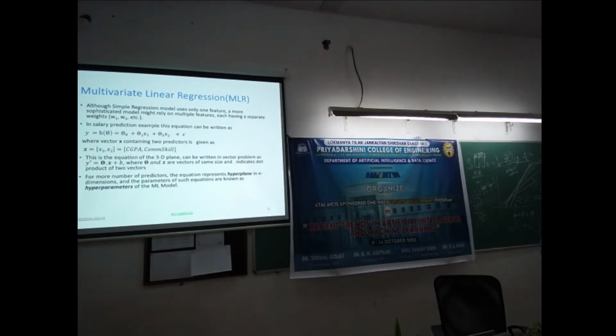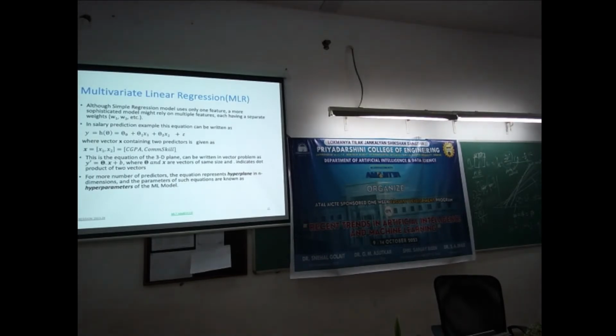If you go on increasing the parameters, then the problem goes into hyperspace. You might be knowing two-dimensional space, three-dimensional space, and typically higher dimensional spaces are called hyperspaces, and the equation becomes a hyperplane. If your problem is two-dimensional, you want to predict x versus y, and you are having some line.